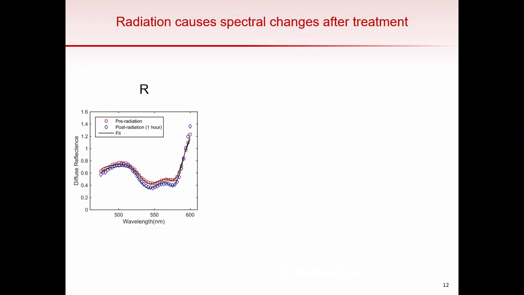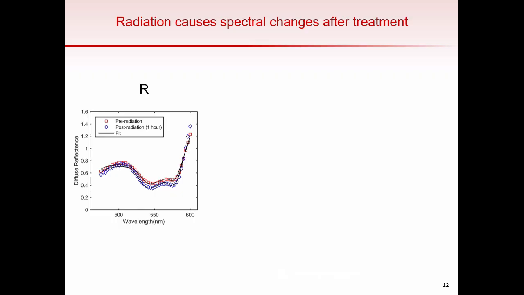Now, if you look at the reflectance of a tumor belonging to an animal before and after radiation, we see that the post-radiation spectrum in blue diamonds has more pronounced dips compared to the pre-radiation spectrum, illustrated in red.